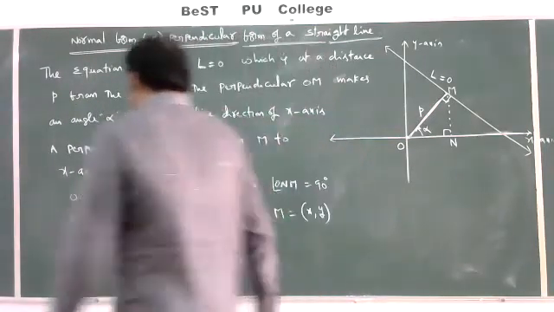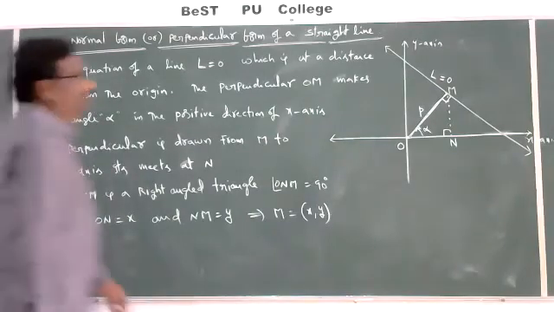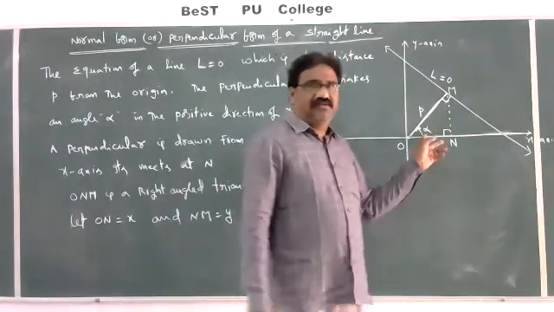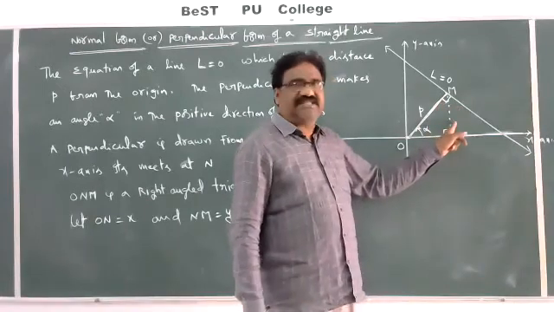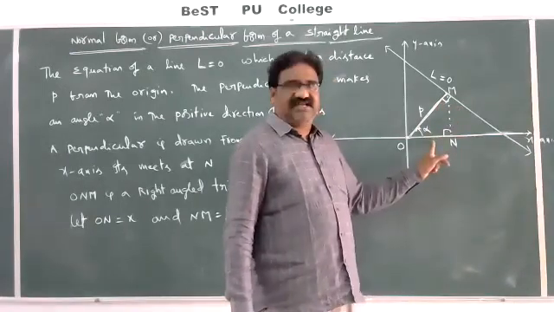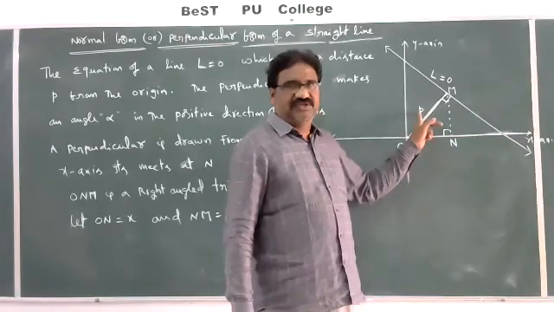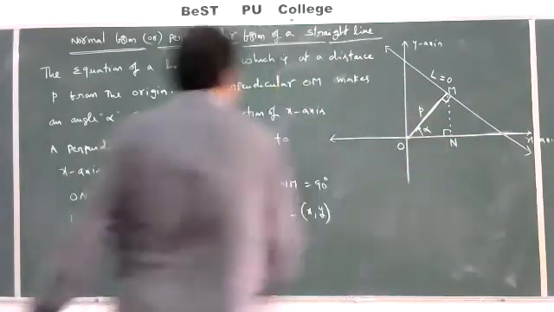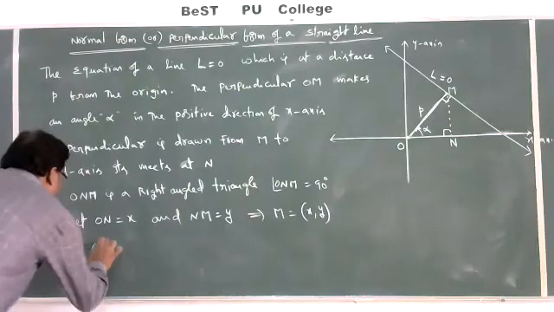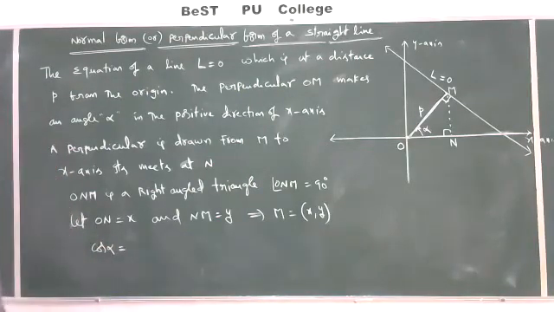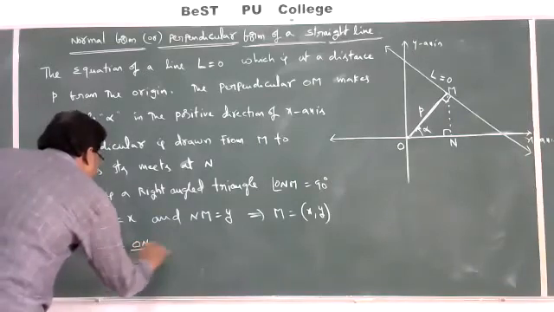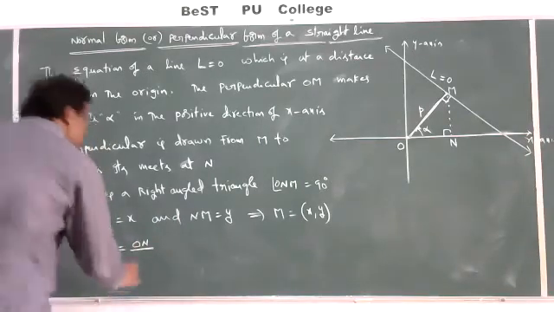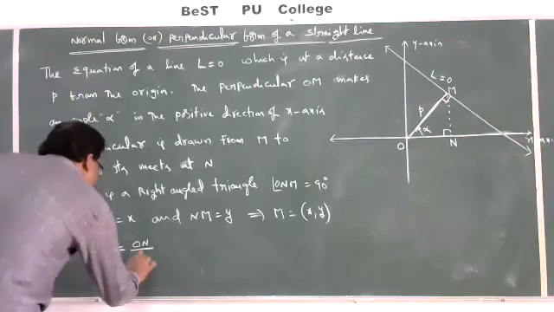Next, right? Here, this is alpha. In this triangle ONM, this is opposite side, this is adjacent side, this is the hypotenuse. Then apply cos alpha. Cos alpha is equal to adjacent side ON by hypotenuse OM.